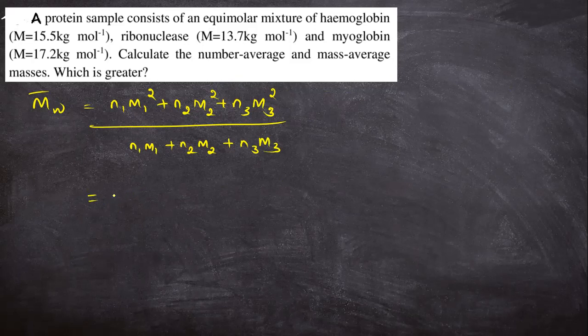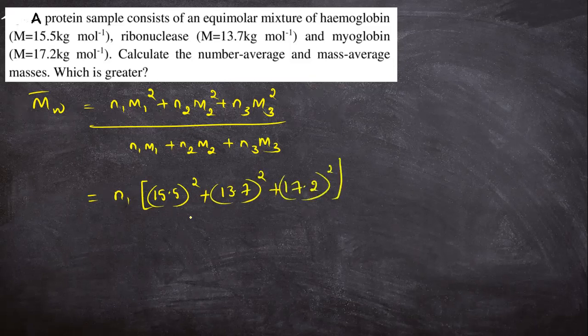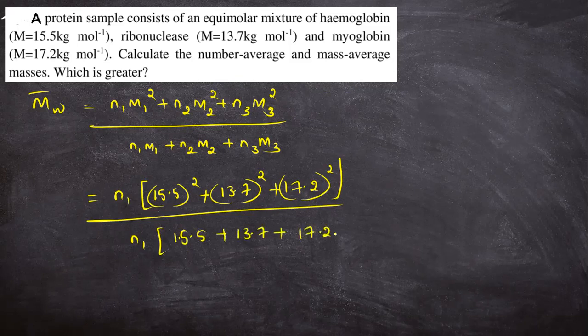Just take N1 common. Substitute M1 square, it is 15.5 whole square, plus M2 square, 13.7 whole square, plus 17.2 whole square, divided by N1 times 15.5 plus 13.7 plus 17.2.